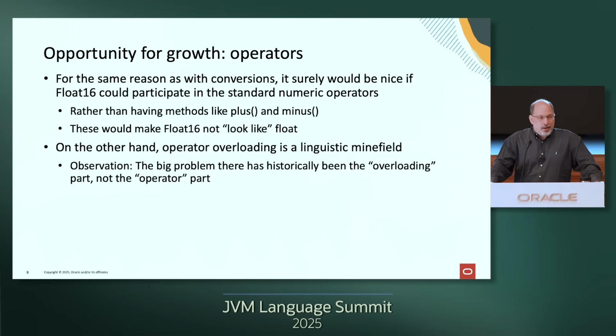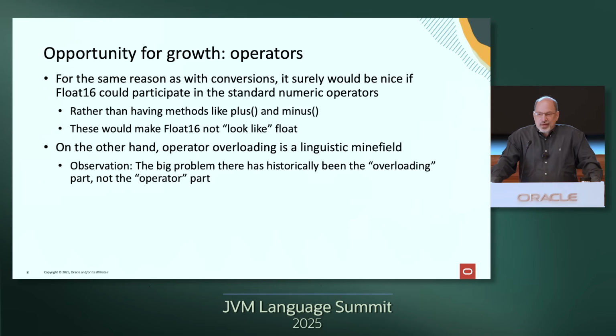On the other hand, operator overloading has been attempted by a few languages and is somewhat of a linguistic minefield; a number of languages have hatched various flavors of disasters with operator overloading, and so it's not a topic that we take lightly.